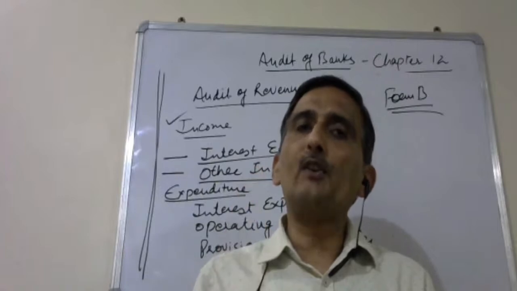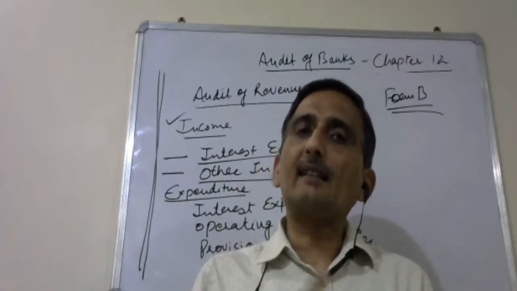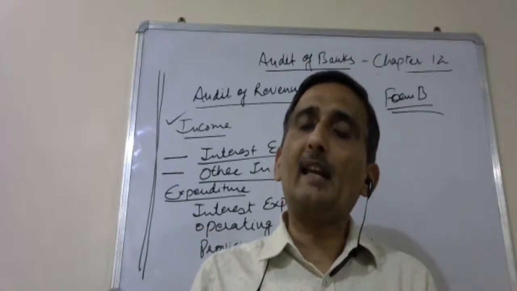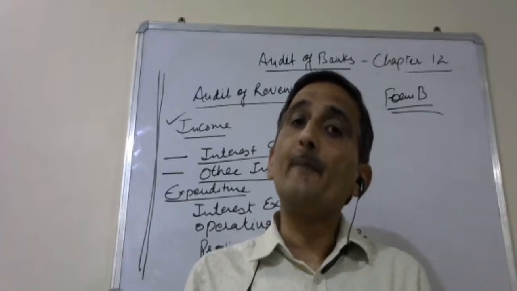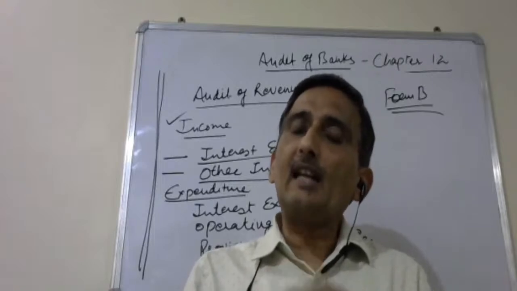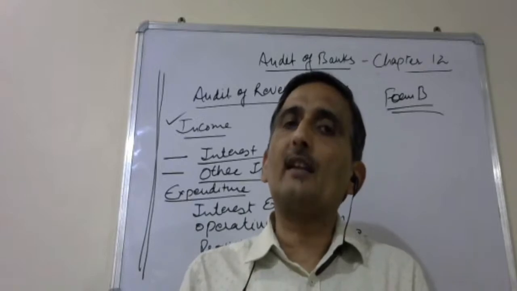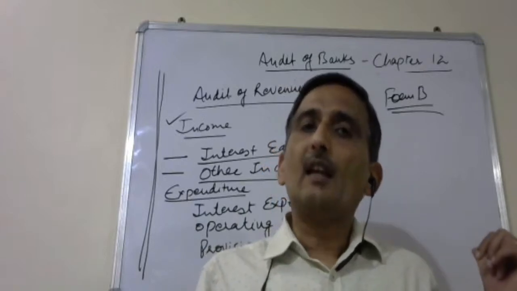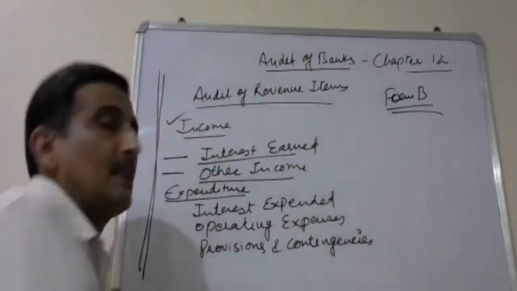When a branch grants non-funded credit facilities, like when it issues a guarantee or an LC, it collects certain charges, it collects commission. So this kind of income falls under the head other income.